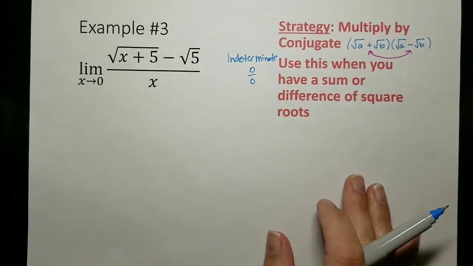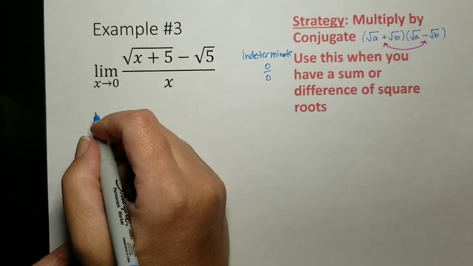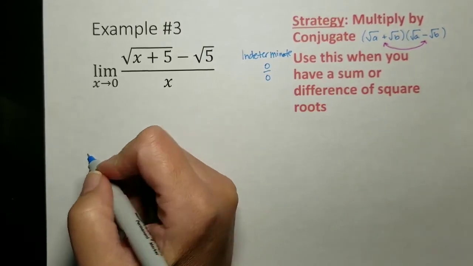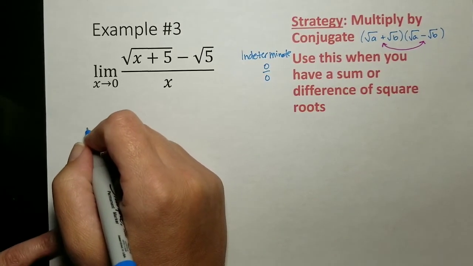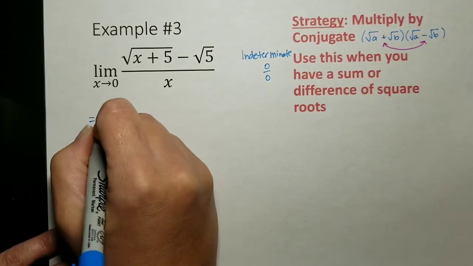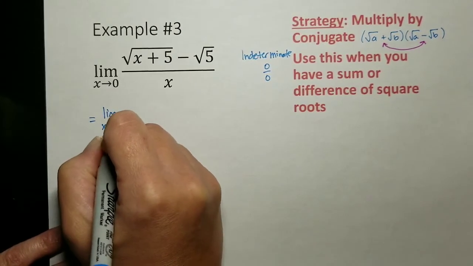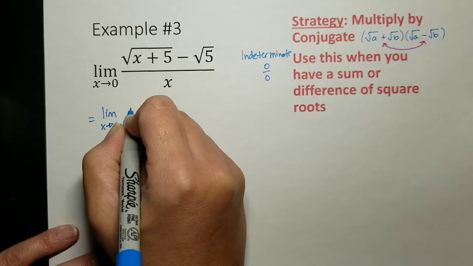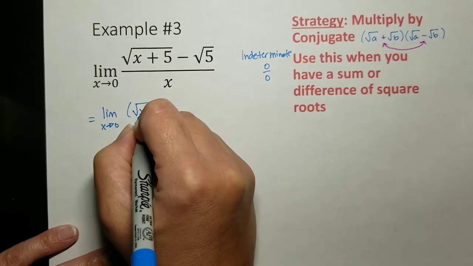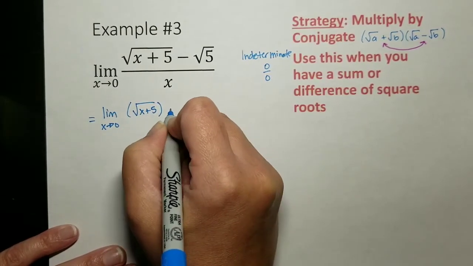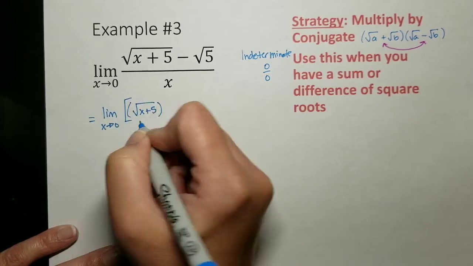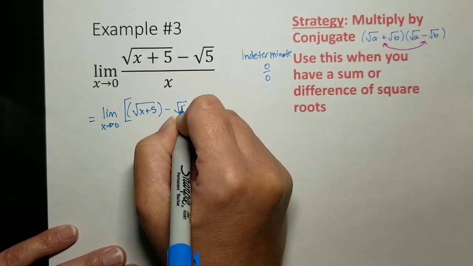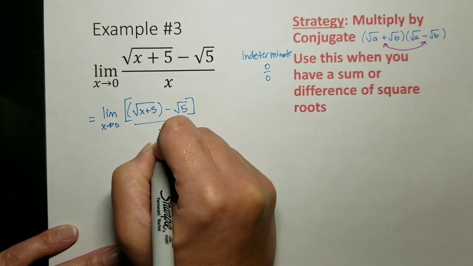So I'm going to take this strategy here, and because we have a fraction, we can do this: I'll multiply by that conjugate on the top and bottom. So I have the limit as x approaches 0 of root x plus 5 minus root 5 over x.